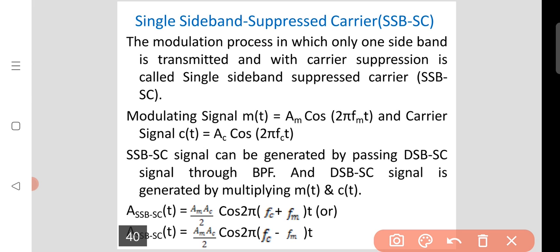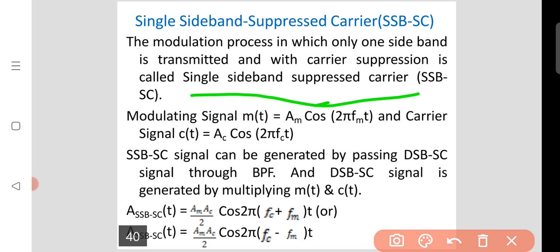Here, the basic statement for single sideband suppressed carrier: the modulation process in which only one sideband is transmitted with carrier suppression is called single sideband suppressed carrier. The name itself explains what exactly we do.